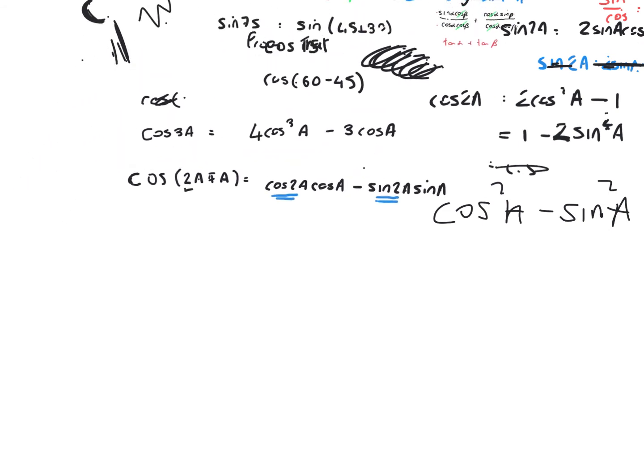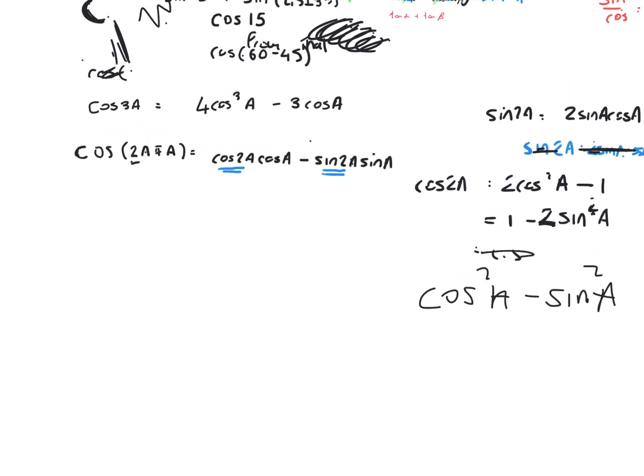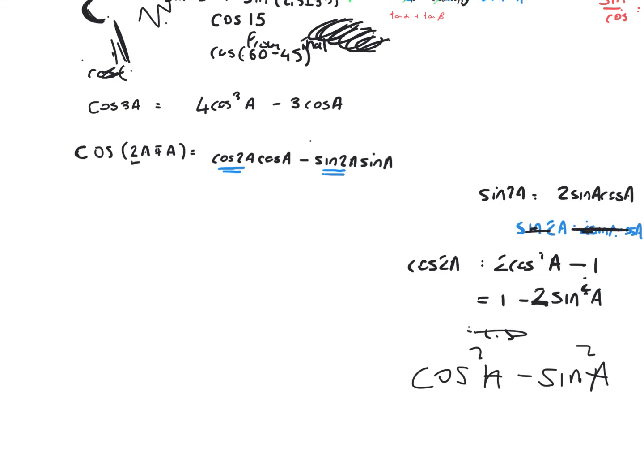Now, if I look at what might be useful to me here, it's a wee bit of a mess, but we'll work with it. Let's look at our final answer. What is it we're looking for? We're looking for this. The first thing I would say is that I'm looking for stuff to do with cos.